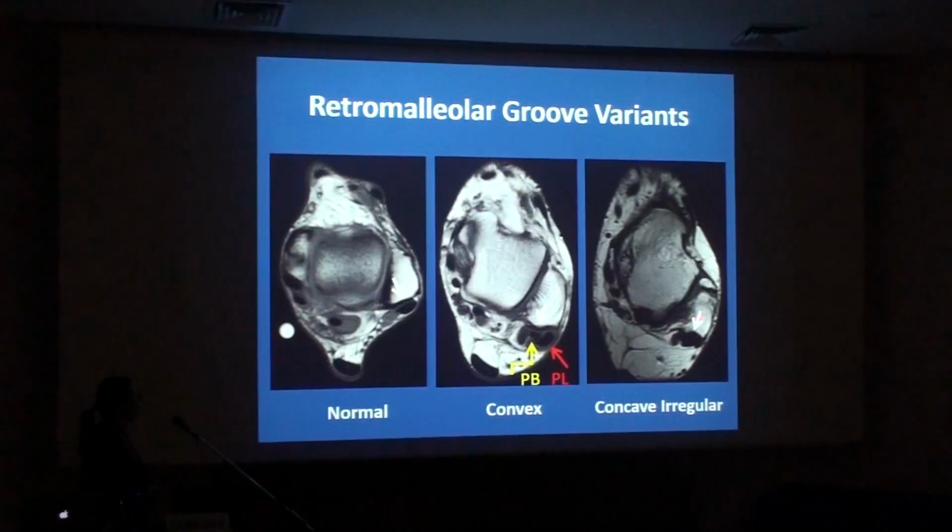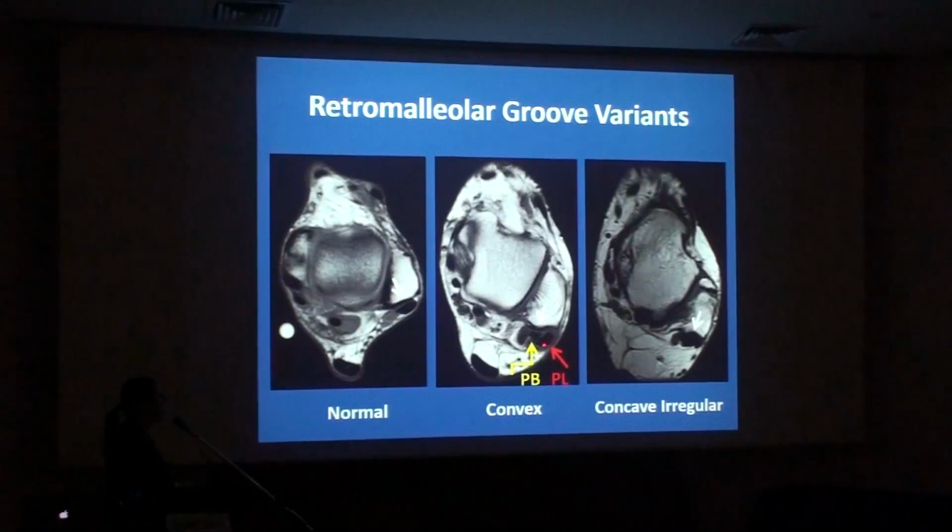This is kind of concave irregular, and especially a convex shape of the retromalleolar groove can predispose to peroneal tendon injuries. Although there was a paper published several years ago by the Zurich group talking about these normal variants in totally asymptomatic patients. So this can be associated with peroneal tendon abnormalities, but also could be seen in asymptomatic patients.